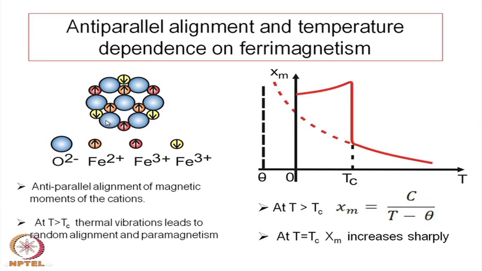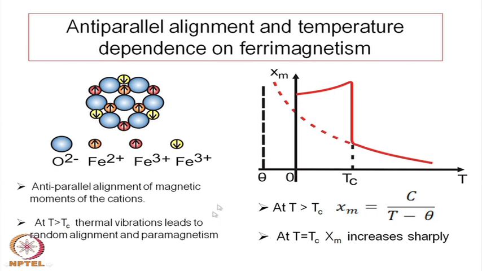It is because of this overlap of the p and d orbitals of the cations and the p orbitals of the oxygen anions that this antiparallel ordering comes up. And because the cations have different magnetic moments, you have a net magnetic moment, unlike antiferromagnetism. We have discussed it earlier, but this is a pictorial representation of the same.